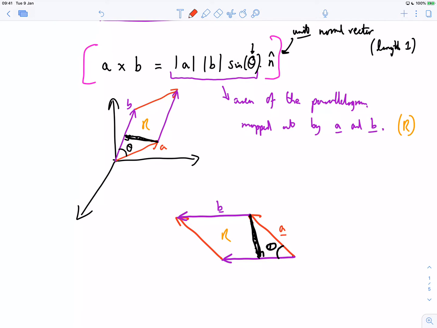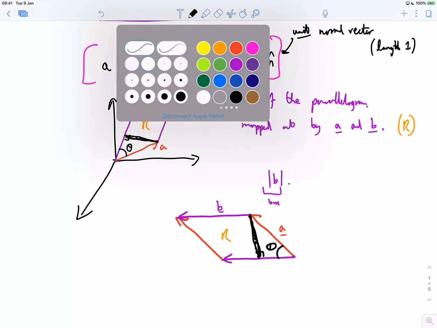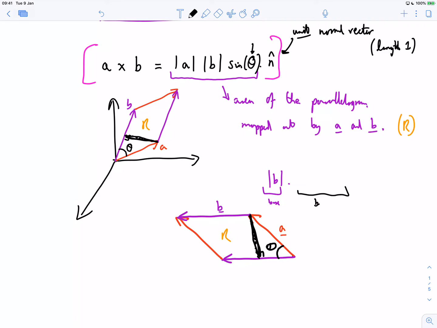Okay, so what would the area of this parallelogram be? It will obviously be base, which is B, times the height. What would the height be? Well, it would be the opposite of this right-angled triangle here.